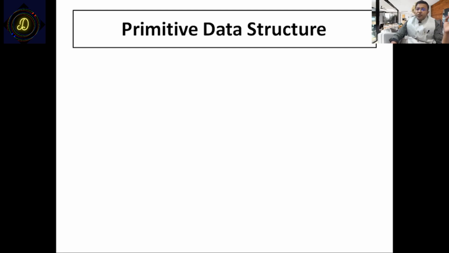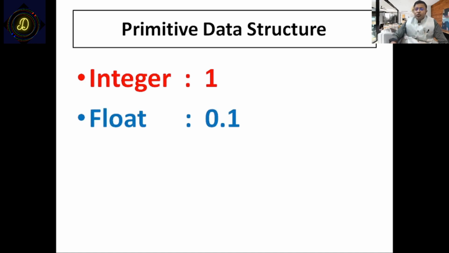So primitive data structures, those are integer. What is integer? Numbers without decimals, like 1, 2, 100, 1000, million, billion, all those. Float: the numbers with decimal points, like 1.1, 0.1, 0.2, 110.1.